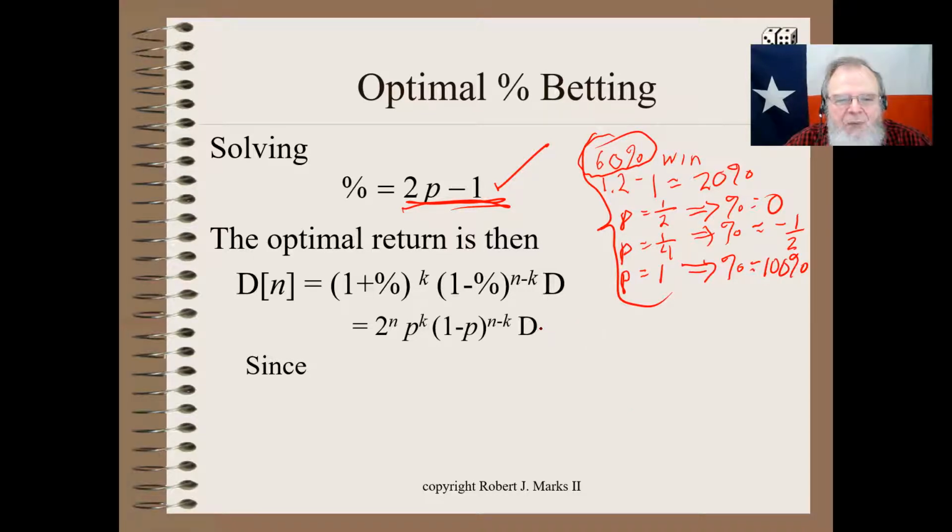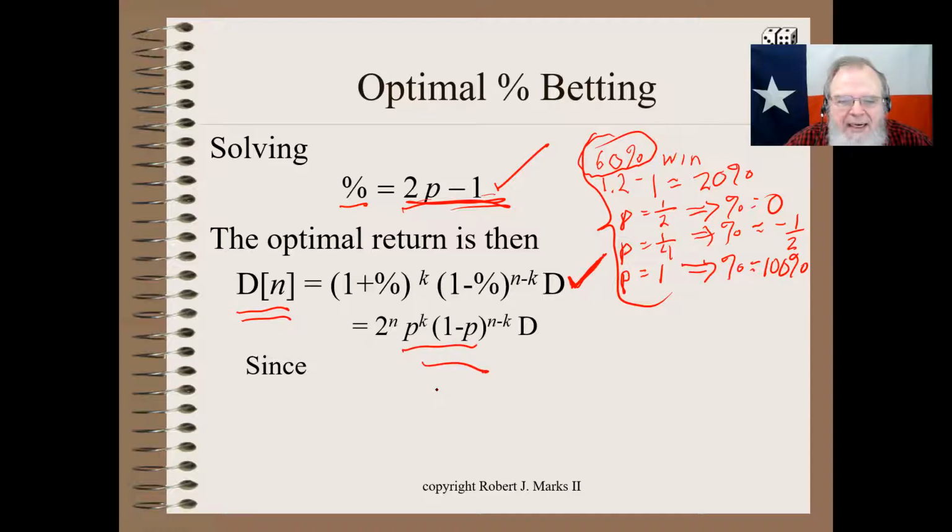So if we place this result into the original equation, this is the original equation that we started out with, the equation before we took the log and stuff like that. What we're going to do is take the percent and substitute 2p minus 1. This will tell us how much money we have if we optimally bet after n times.